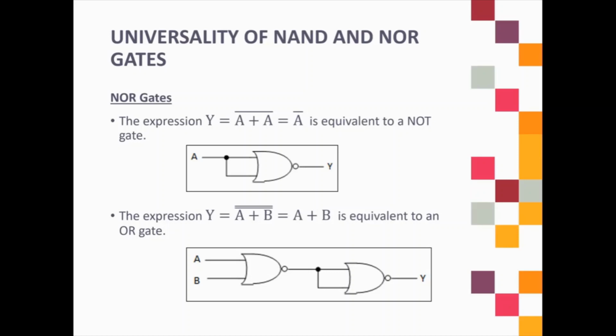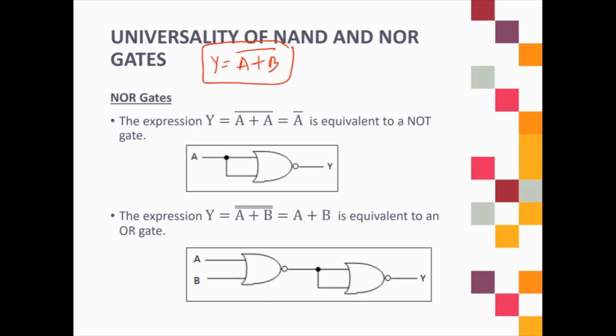For NOR, you need to remember that the NOR equation we learned in chapter 2 is A plus B with a bar. It means whatever you do, when you want to change the equations, to make sure that it follows the NOR equation, you must follow this format of NOR.